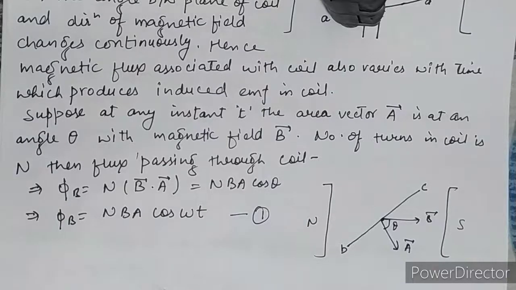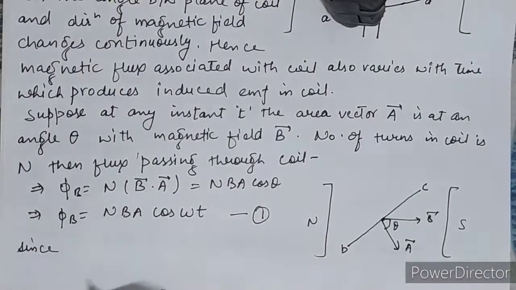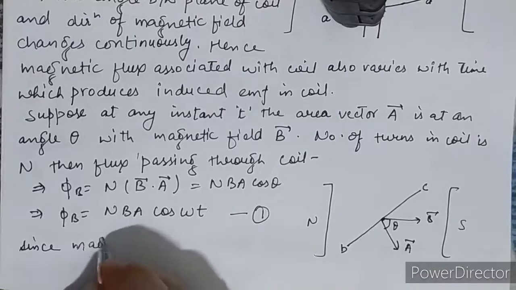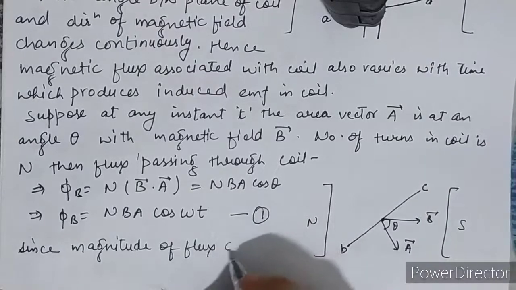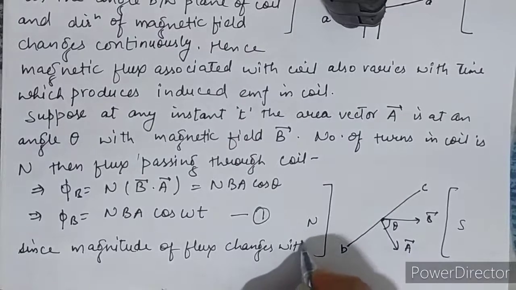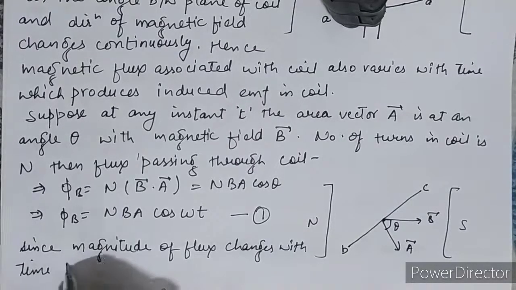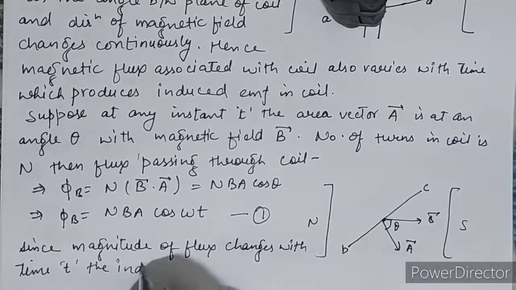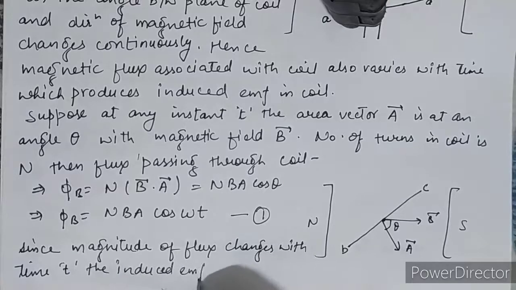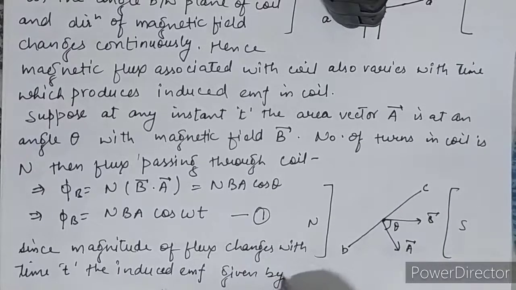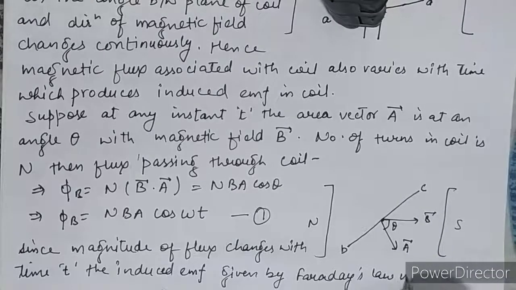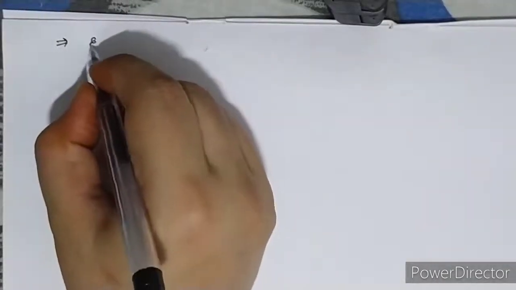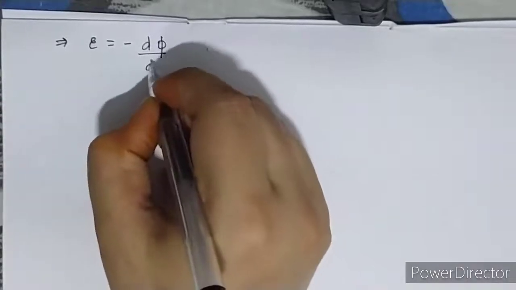Now you know that since the magnitude of flux changes with time t, the induced EMF given by Faraday's law is your EMF E is equal to minus d phi B by dt.